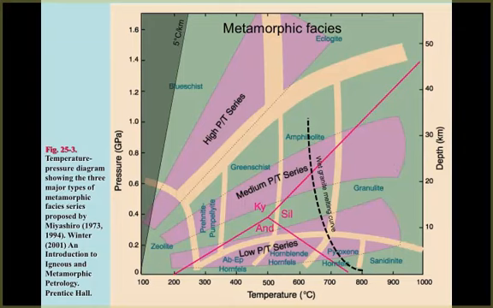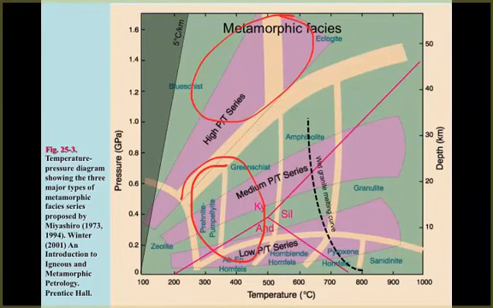The other thing I want to point out in this diagram that's important: we have these metamorphic facies that describe a pretty specific pressure temperature range for metamorphism. But if you were trying to describe in general the metamorphic conditions without getting this specific, you could say you have low-grade metamorphism at low pressure and temperature conditions. You could say you have high-grade conditions at high temperatures and high pressures.